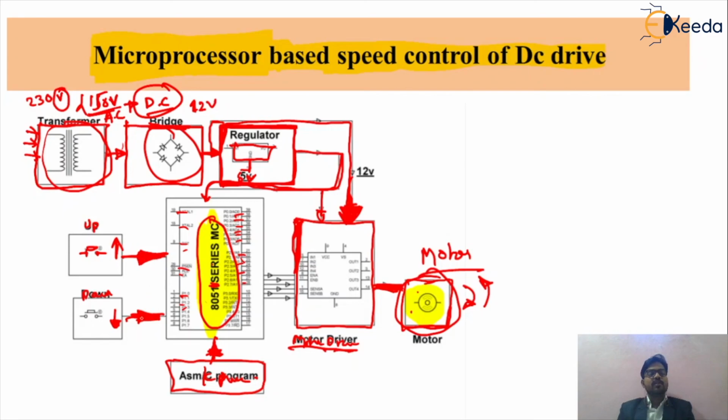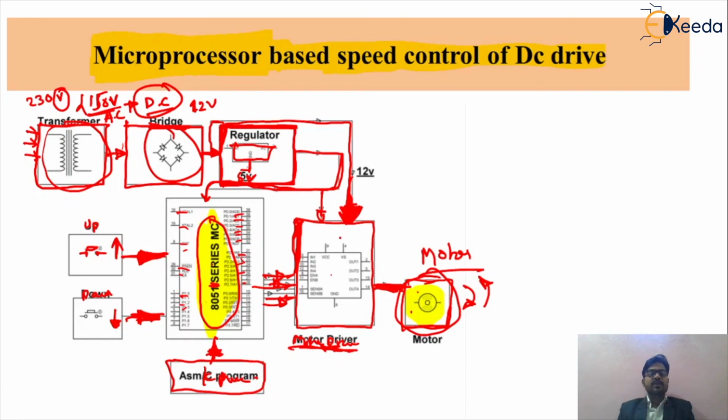Depending upon that requirement, the microprocessor will send the signal to your motor driver circuit, and this motor driver circuit will now control the speed of your DC motor. In this way, friends, we are taking the microprocessor based speed control technique of your DC drive.